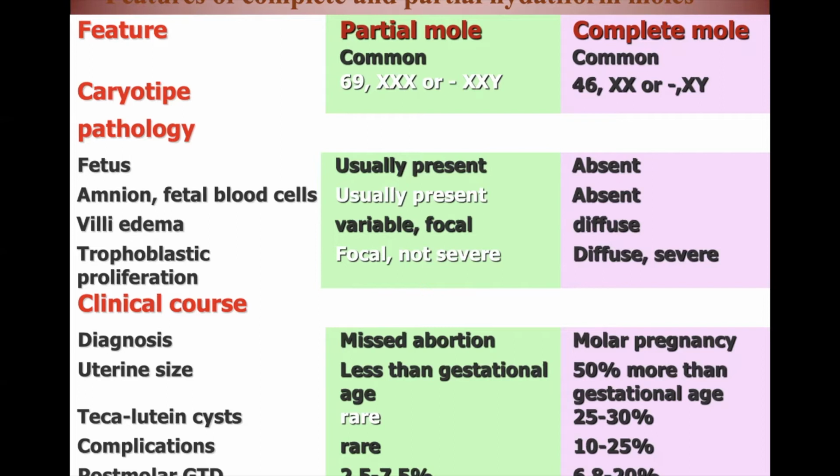Also, during gestational trophoblastic disease, we have theca lutein cysts, usually in both ovaries, in probably 25–30% of all trophoblastic diseases. We also have complications of pregnancy, in 10–25%, and post-molar gestational trophoblastic disease in 6.8–20%.